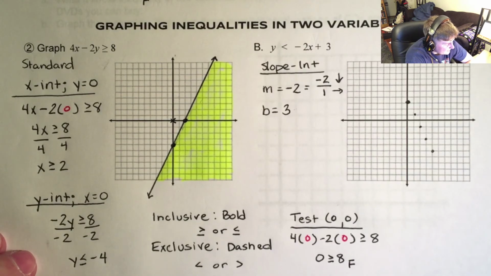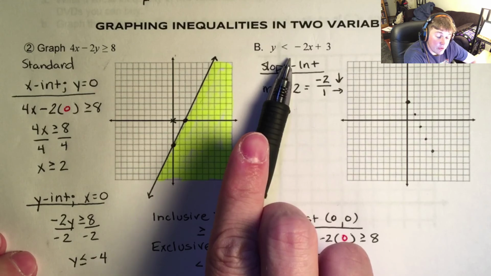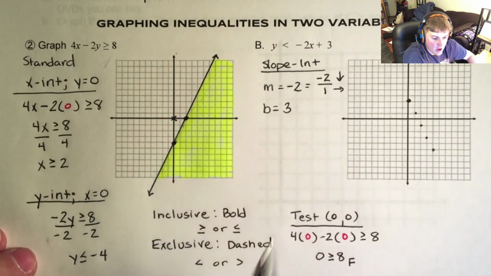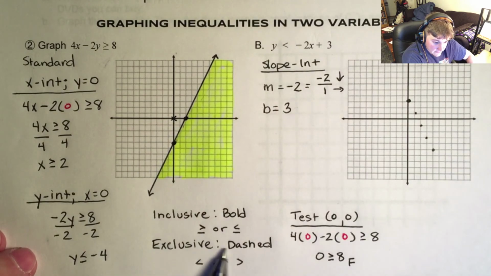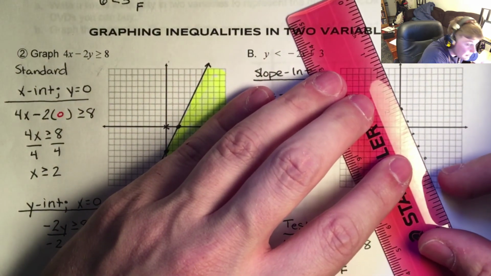So as I look at this, I see this less than sign. And less than signs I know would be an open circle if it was one variable, but it's two variables. So I know that I'm going to have a dashed line, because it's not or equal to. So that means I'm going to have a dashed line with all my points.